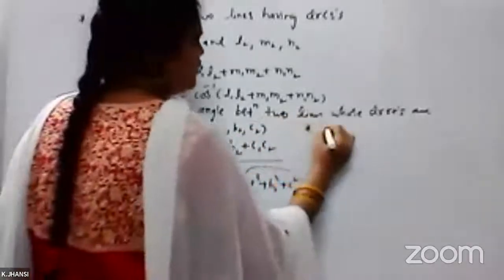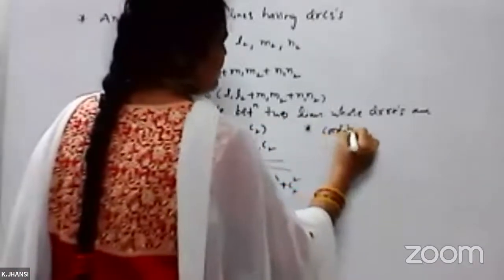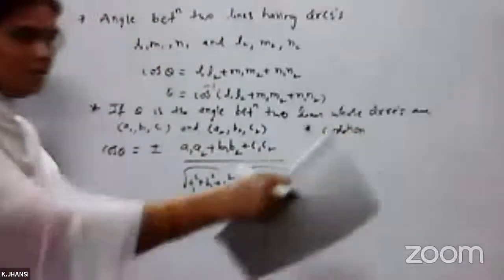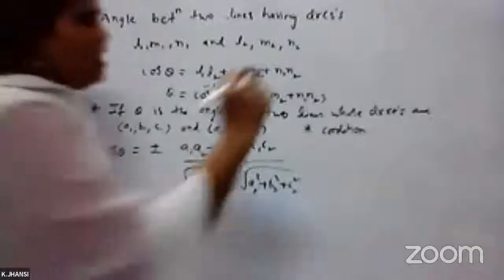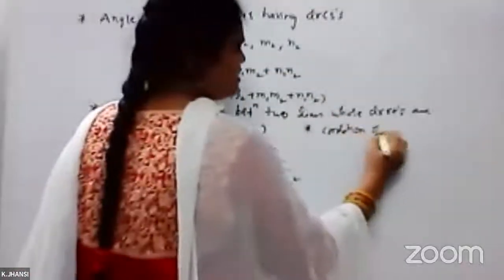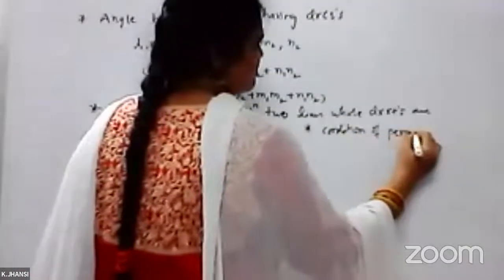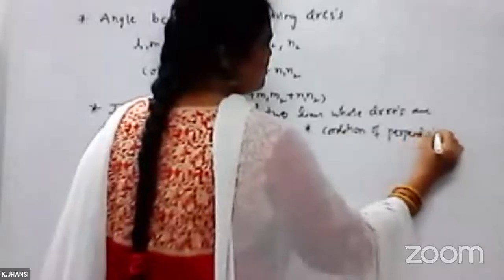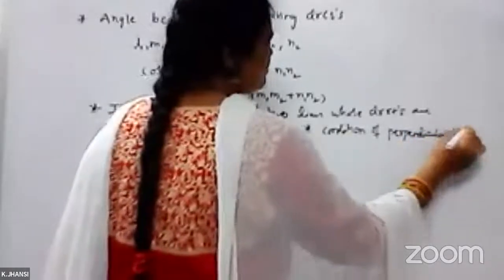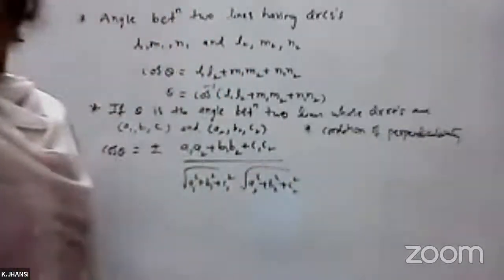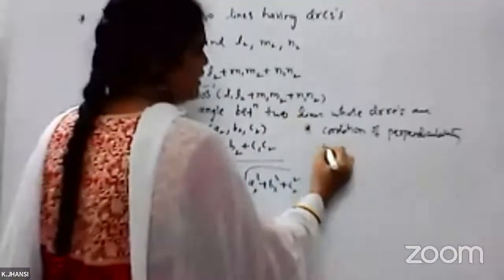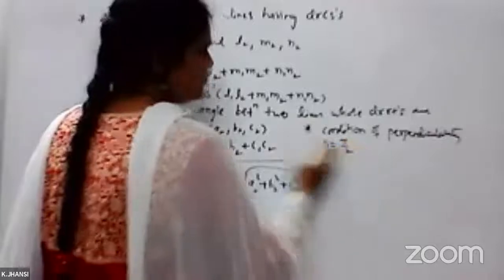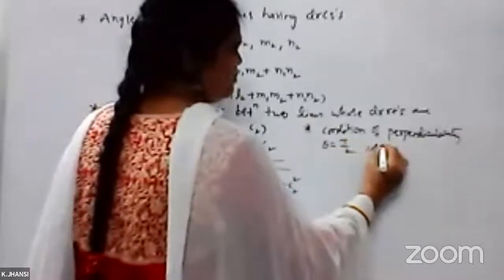You will get objective type questions on these conditions, or they may also give them for solving problems. First, the condition of perpendicularity. We take the theta value as pi by 2. What is cos pi by 2? Cos 90 is 0.